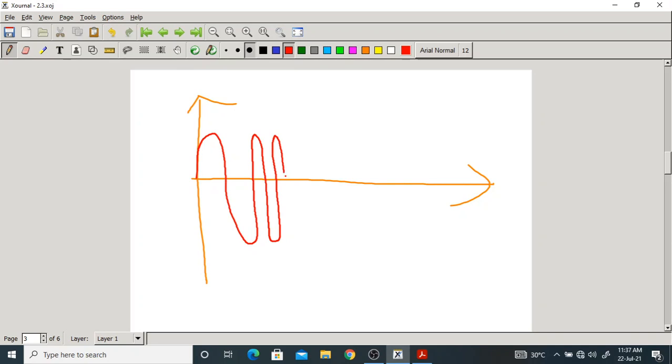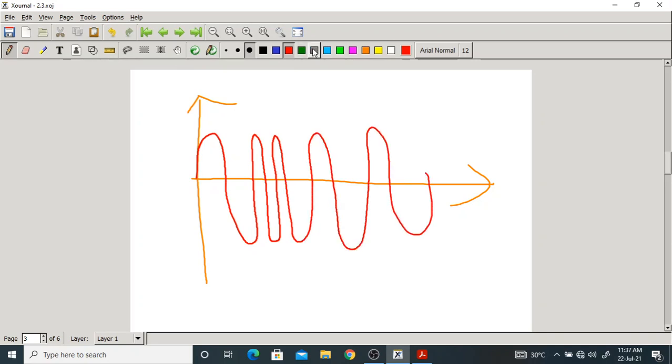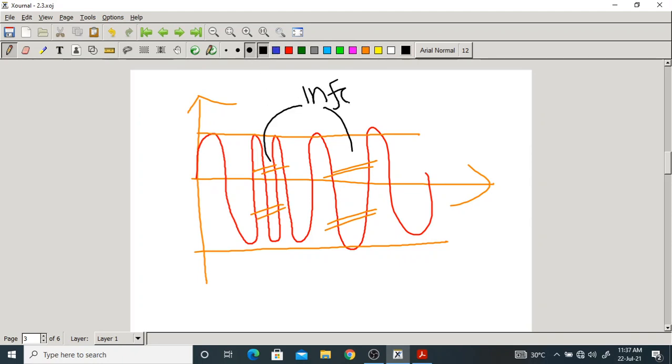Sorry, it has some frequency variations, whereas the amplitude remains the same. So it has a constant envelope, but it has some frequency variations. Information lies in the frequency variations.